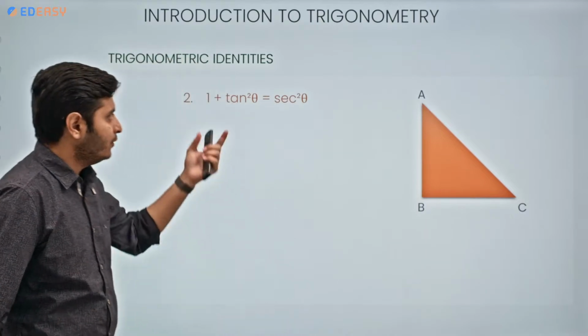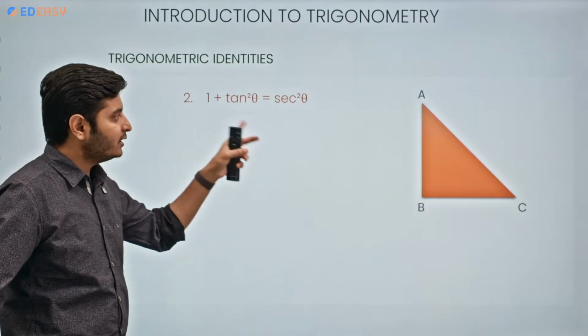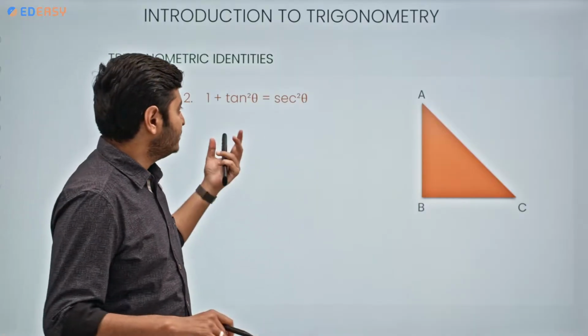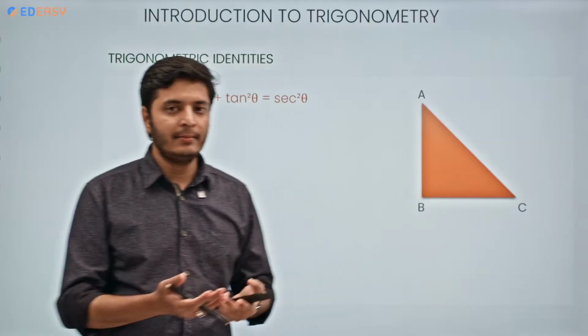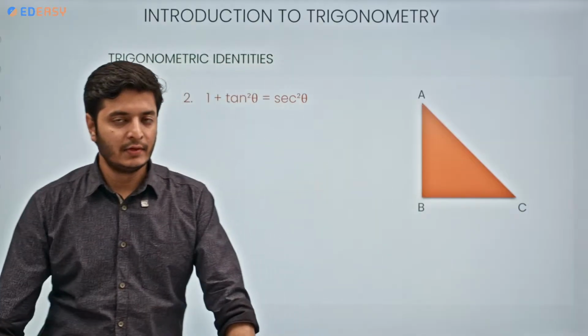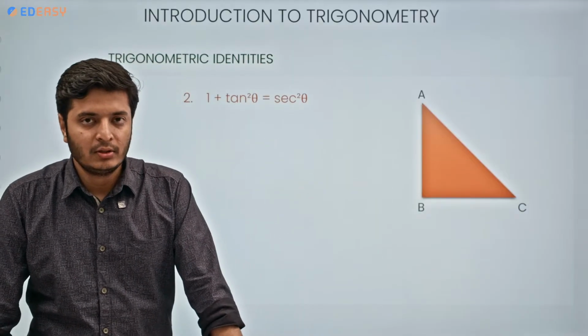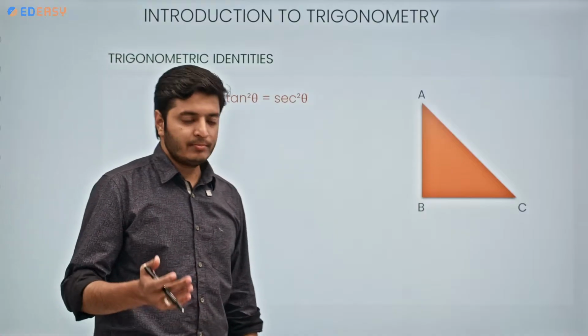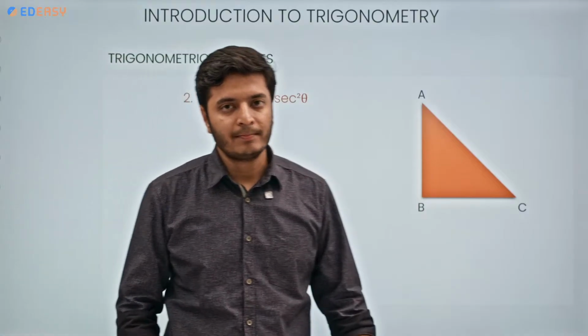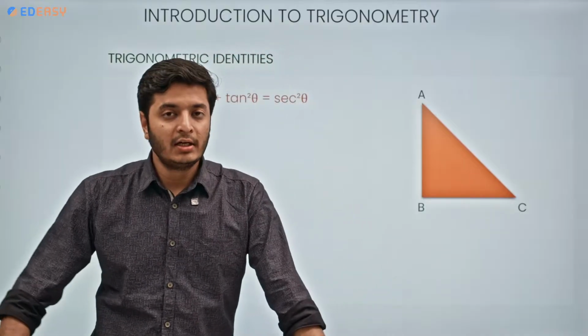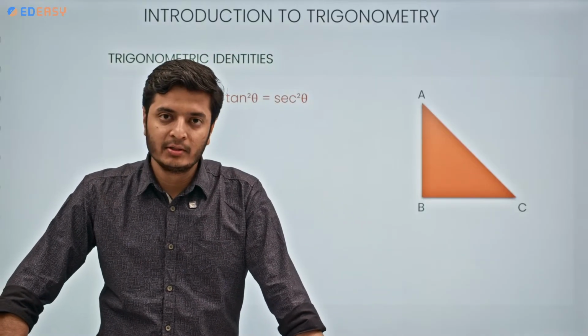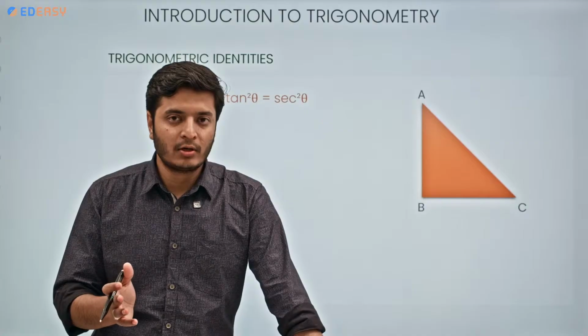Now we need what? First thing that I can see here, that on the right hand side it is secant square theta, the only value. Secant theta is what? 1 by cos theta, correct? Cos theta is base by hypotenuse. So secant theta is what?